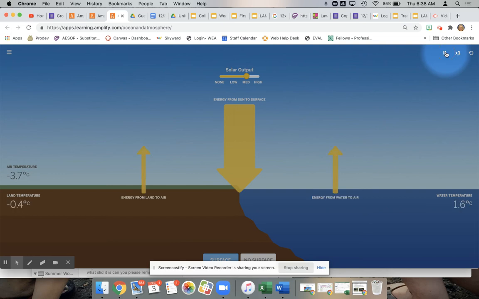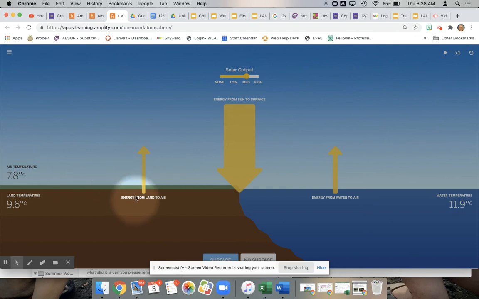As solar energy is added, let's take a pause. What is happening to the temperatures? Notice we started at negative 10 degrees Celsius. The land temperature is now at 9.6, the water at 11.9, and the air above the land is at 7.8.